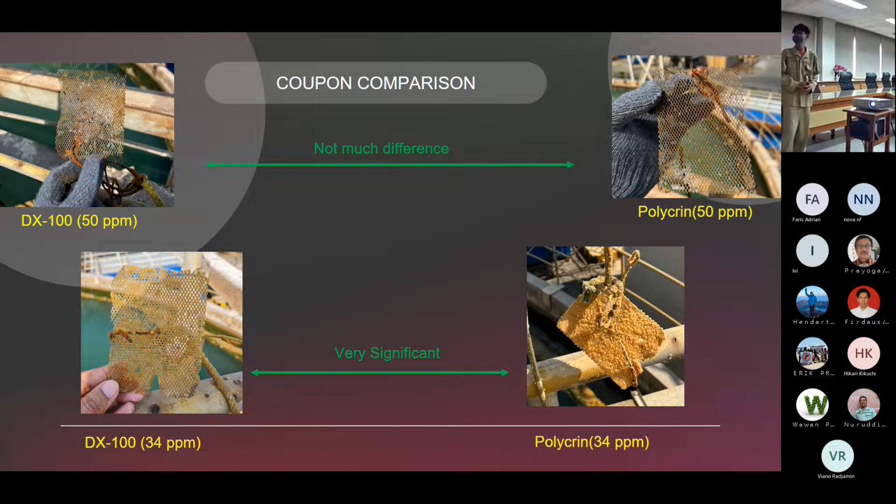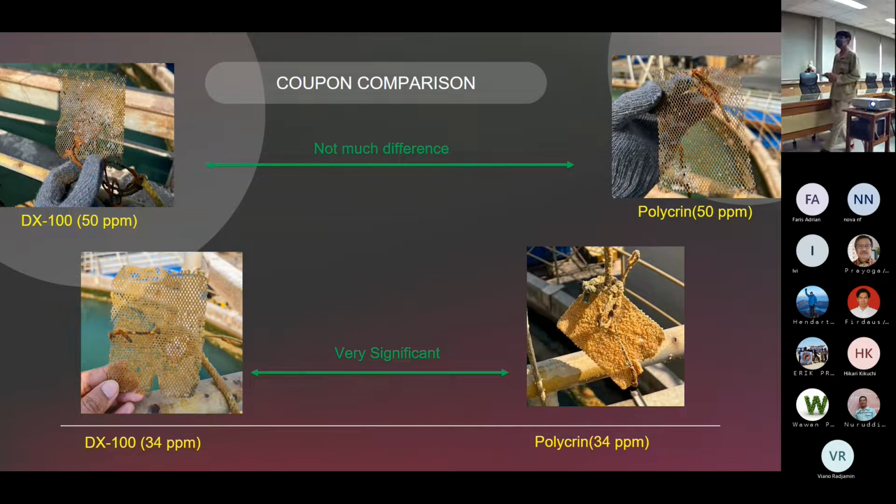Yeah, as for 50 ppm, it is hard to distinguish between them since both performances are similar, not much difference. Because the polyclean in the previous slide has an optimum dose at 50 ppm, and this DX100 has similar characteristics to polyclean between 25 ppm to 50 ppm.